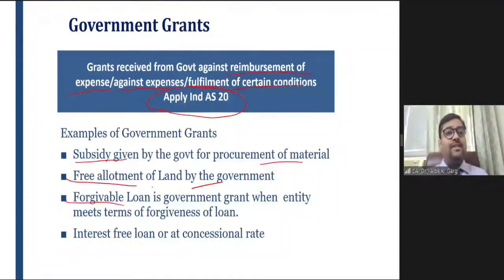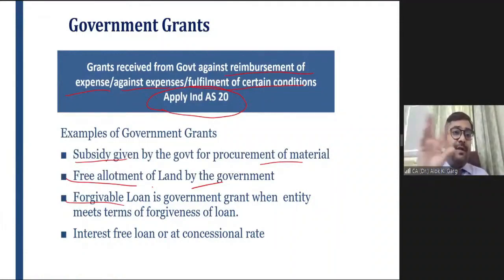Interest-free loan or a loan at a concessional rate: the market rate of interest is 10%, and the government has given a loan at 5%. So this 5% benefit is also considered as a government grant. For example, the government has given a loan of 10 lakh rupees, and the market rate of interest is 10%, and the government has given it at 5%.